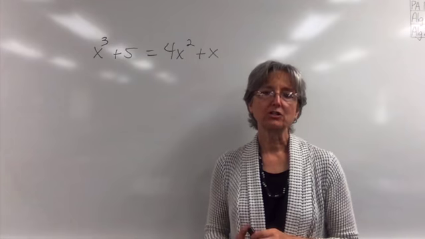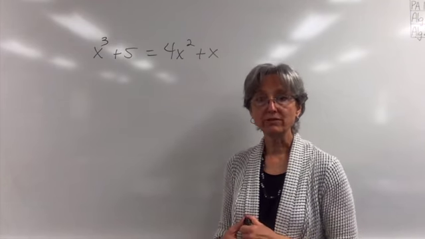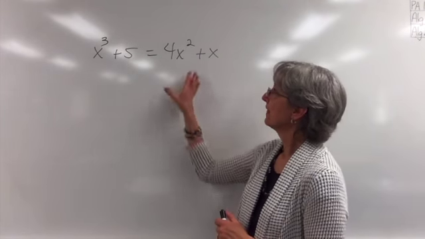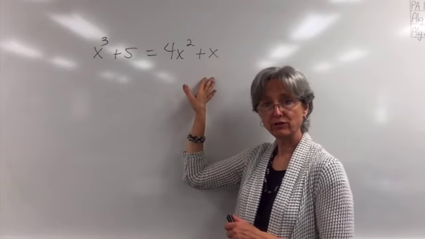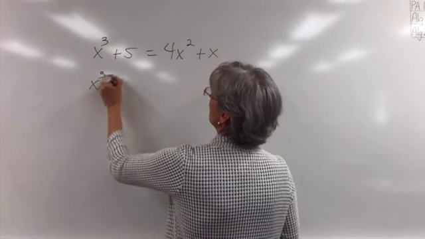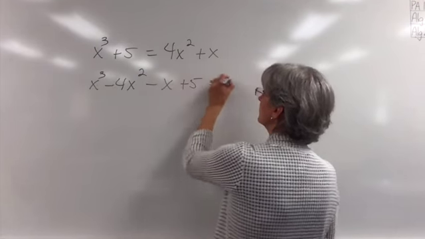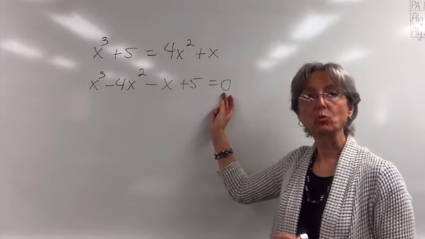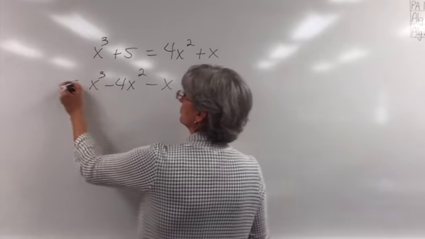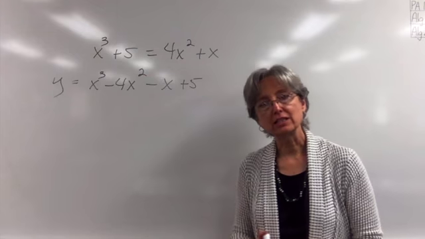The next section in your textbook is how to use the graphing calculator to solve these. So what you would do is put these in standard form. So this would be x cubed minus 4x squared minus x plus 5 equals 0, or set that equal to y, enter in your y equals, treat it like a function, and put this into your calculator, and then select graph.